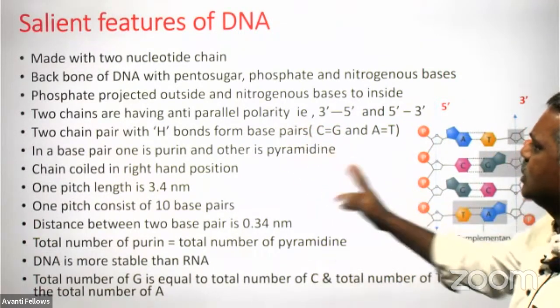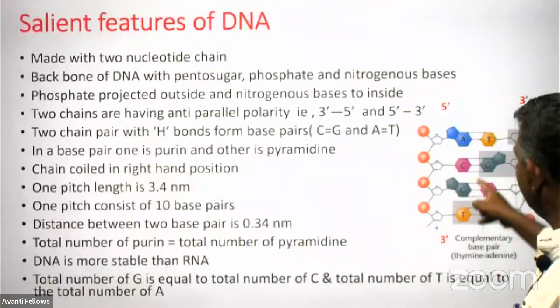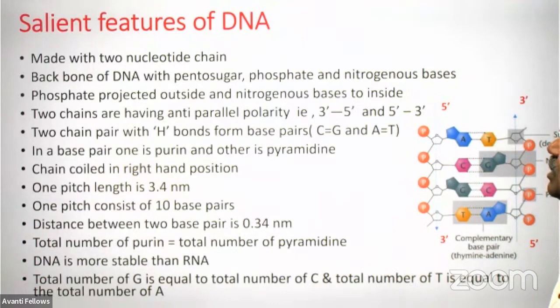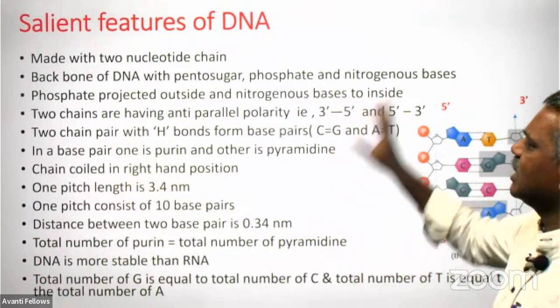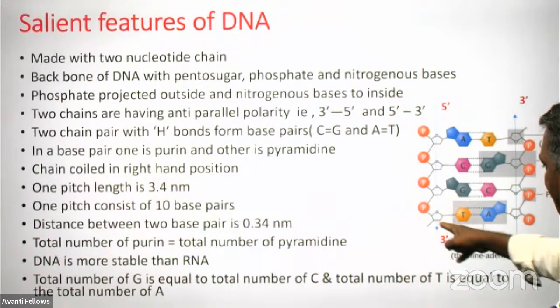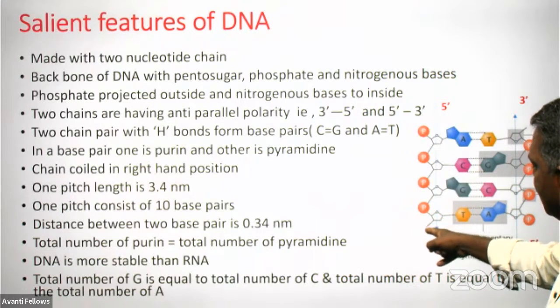Then the phosphate is projected outside. See, all the phosphate molecules are projected to the outside only, and nitrogenous bases are towards the inside only. And these two chains have anti-parallel polarity. Here, the third carbon atom, 1, 2, 3, is free.